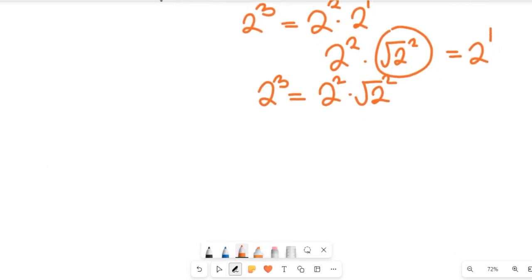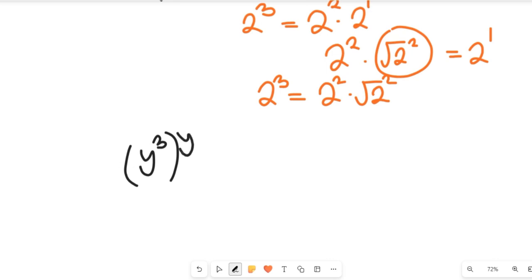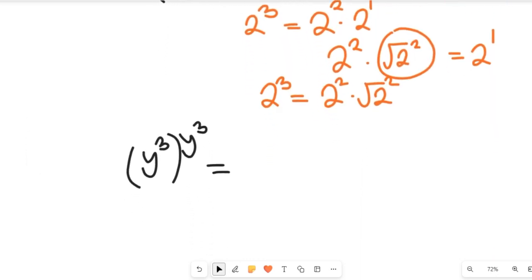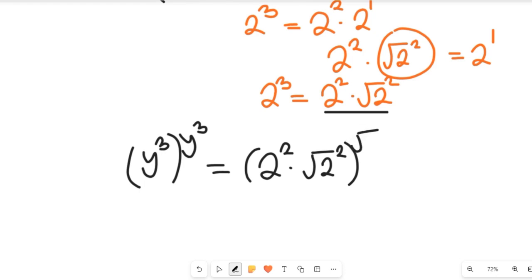So the equation now becomes y to the power of 3, all in brackets, y to the power of 3. Remember, the value 2 to the power of 3 can be replaced with this whole value. So we'll have 2 to the power of 2 multiplied by the square root of 2 squared, and all of this will be all to the power of the square root of 2.